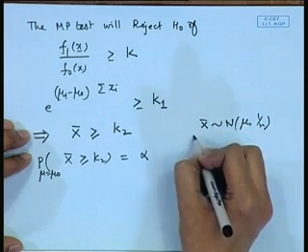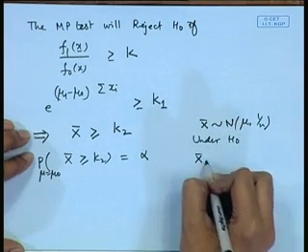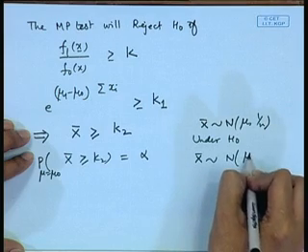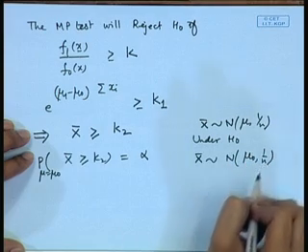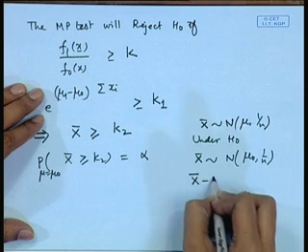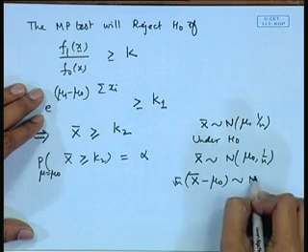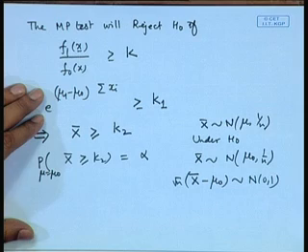So, under H naught, x bar follows normal mu naught, 1 by n. We can do the calculations here by simplification: x bar minus mu naught into root n will follow a normal 0, 1 distribution.